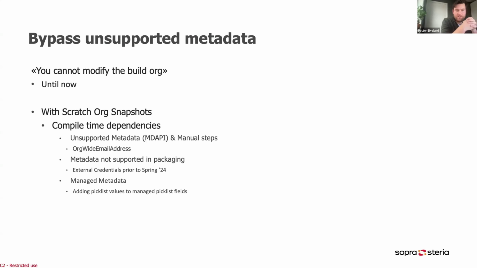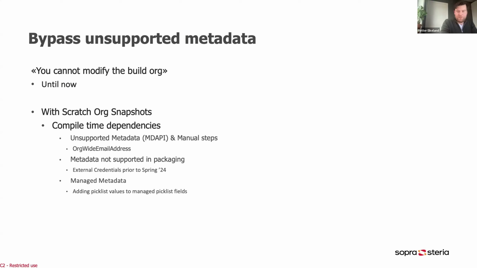Now you can. You can create a scratch org, set up an org-wide email address, and then create a snapshot on that. And once you use that snapshot for builds, that org-wide email address will be available.